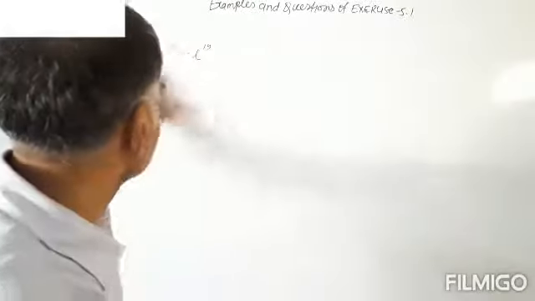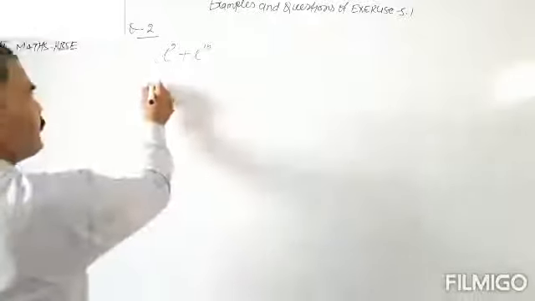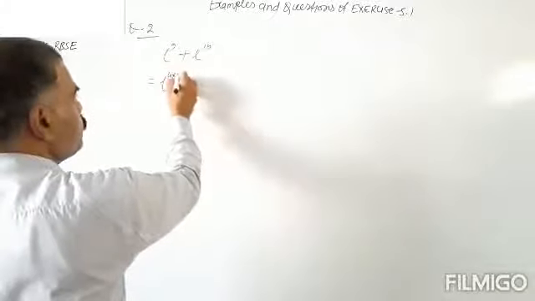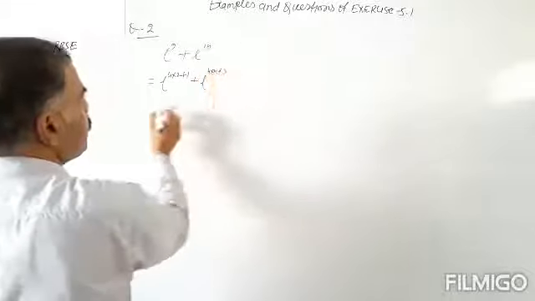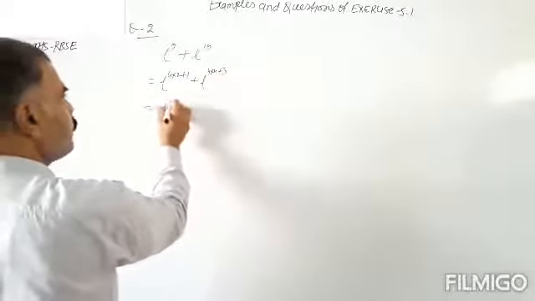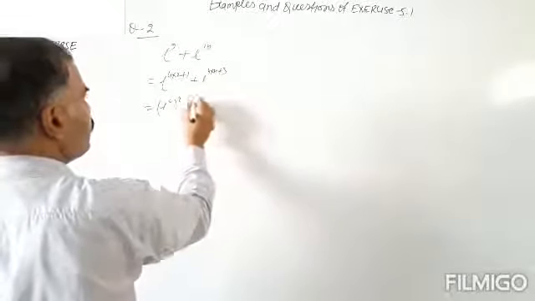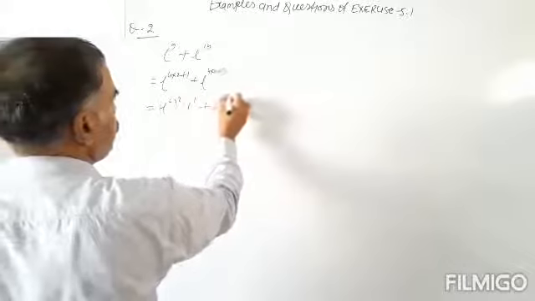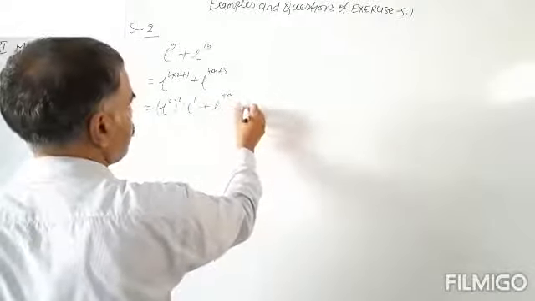So come to this question, iota to the power 9 plus iota to the power 19. This can be written as iota to the power 4 into 2 plus 1, plus iota to the power 4 into 4 plus 3. So iota to the power 4 whole squared into iota to the power 1, plus iota to the power 4 into 4 multiplying iota to the power 3.